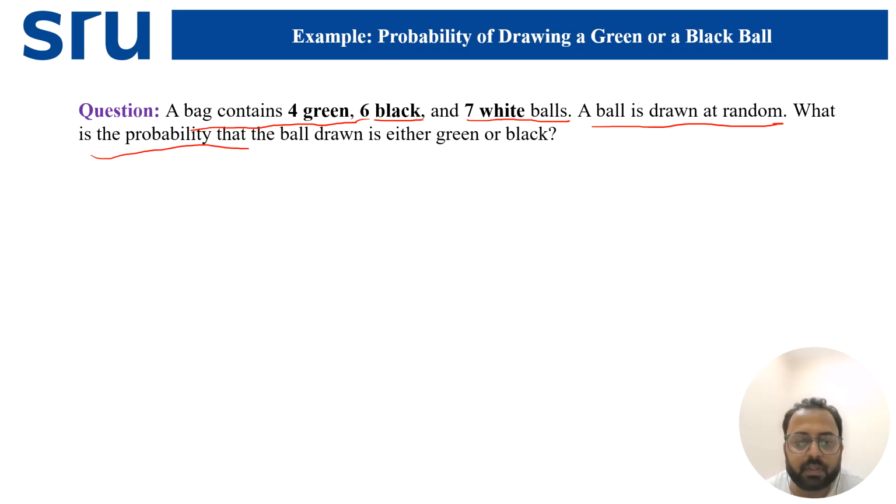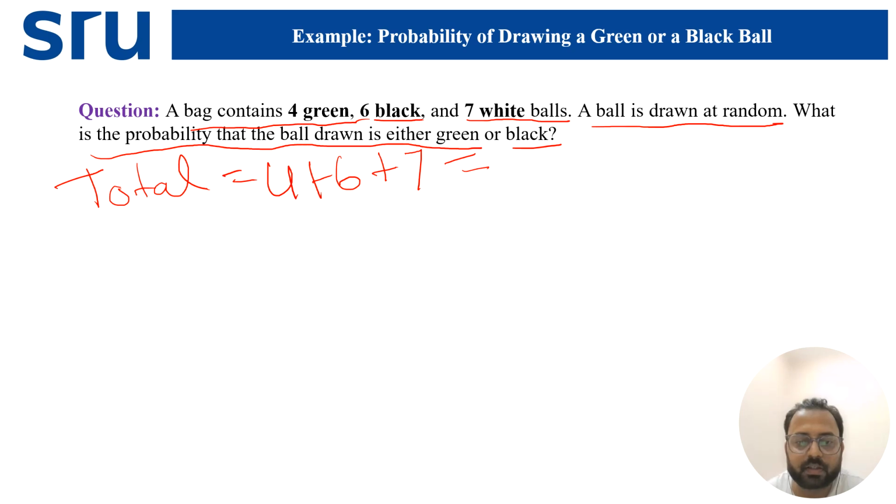What is the probability that the ball drawn is either green or black? So the total number of balls is 4 plus 6 plus 7, which is 17 balls in total.